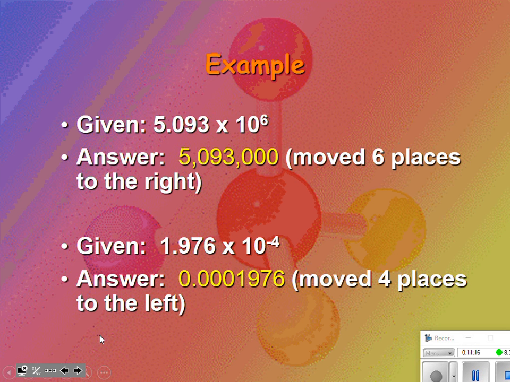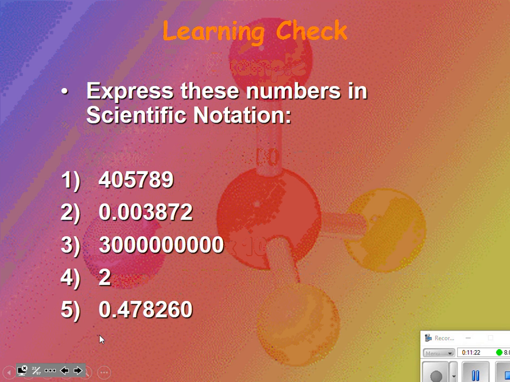We're going to add a little bit more too. We're going to do a little bit above and beyond what you're used to doing. Okay? Now, I'm going to give you a second here. Just have a quick learning check. What I want you to do is just number in your notes and write the scientific notation for these 5.